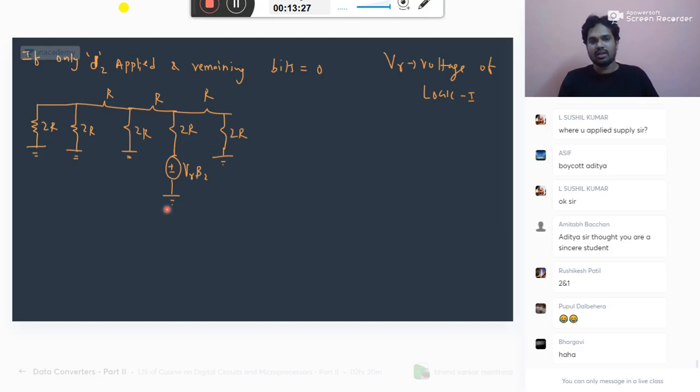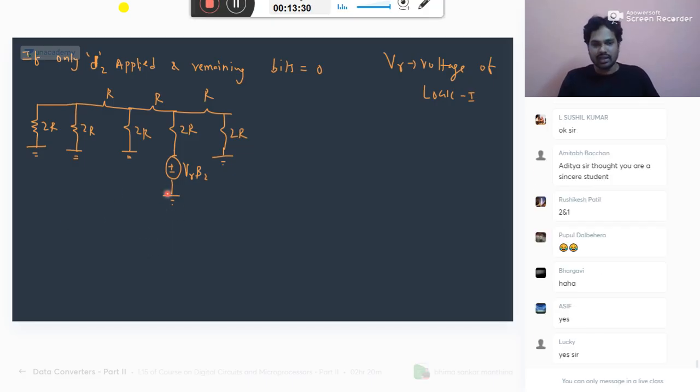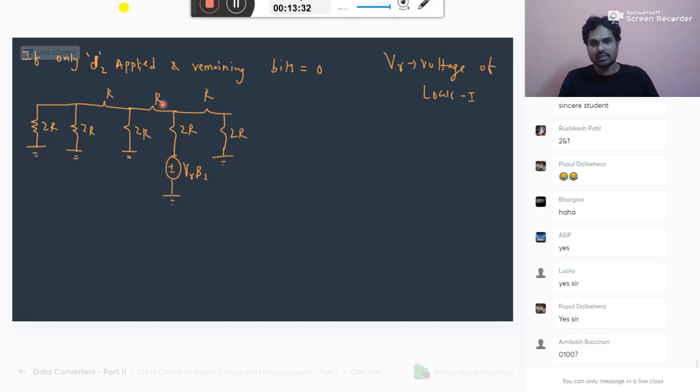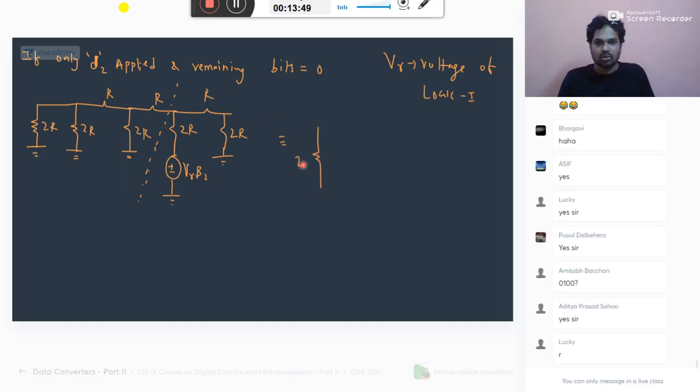So now let us see how to analyze this condition. Now see here, again same story. Up to this point, 2R parallel with 2R is R, series with R is 2R, parallel with 2R is R, series with R is 2R. So you can replace this left hand side part with what? 2R.